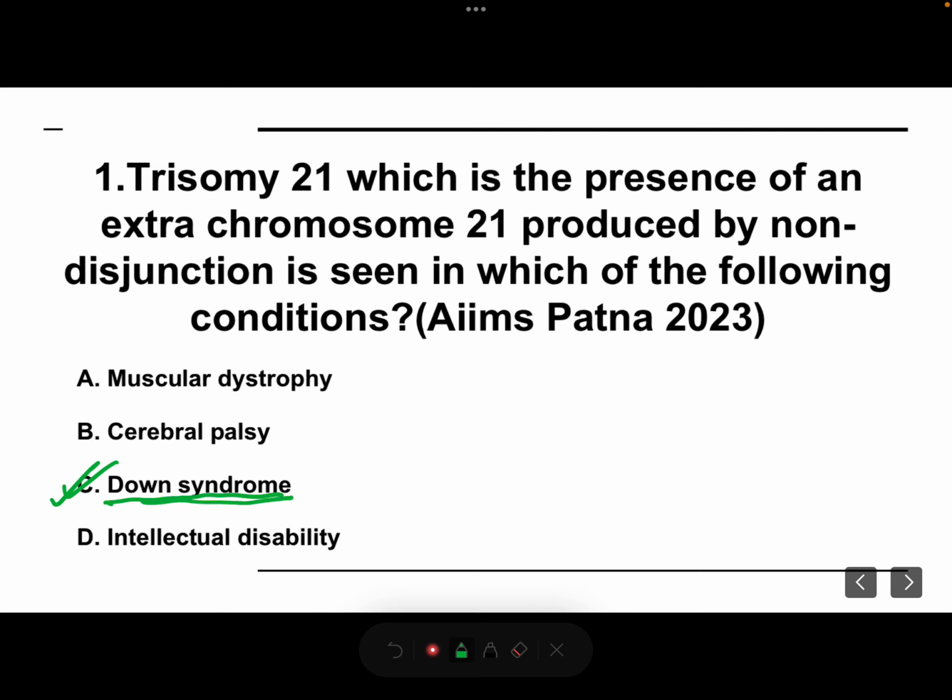In Down syndrome, one chromosome is just extra due to non-disjunction during meiosis. In the other options, muscular dystrophy is not a chromosomal defect.